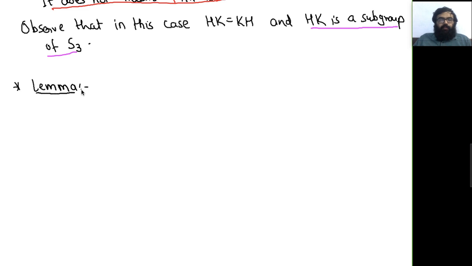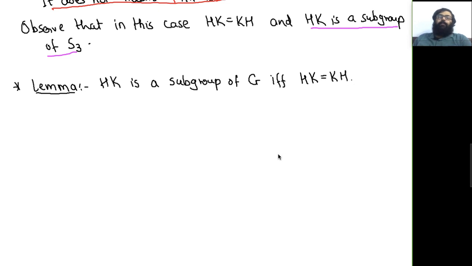And a very simple proof. So let G be a group, H and K be two subgroups of G, and the lemma states this: HK is a subgroup of G if and only if HK equals KH.